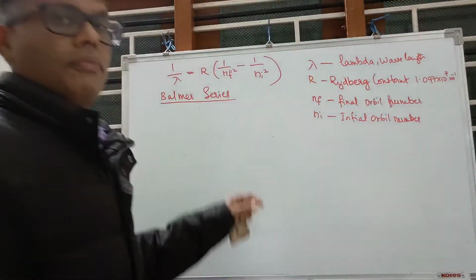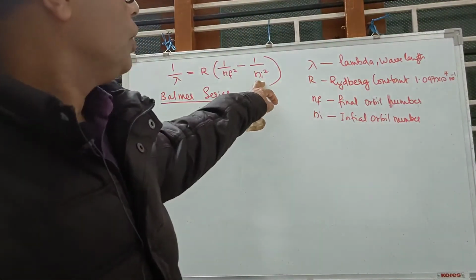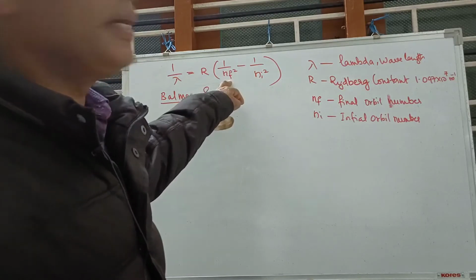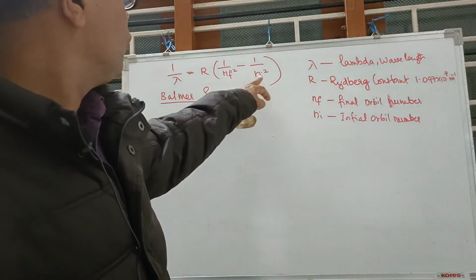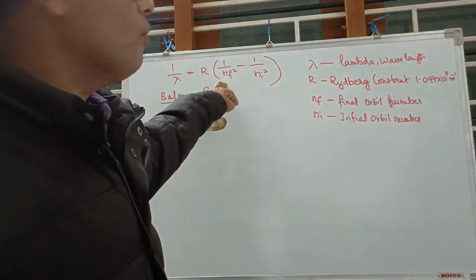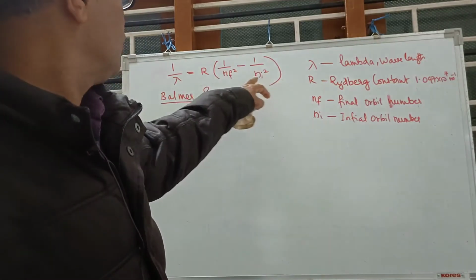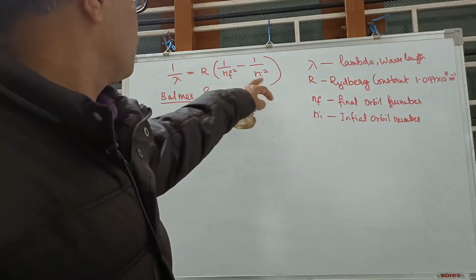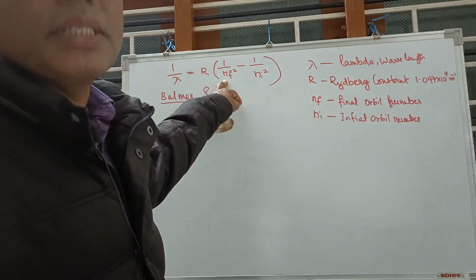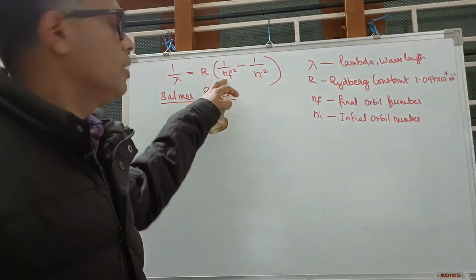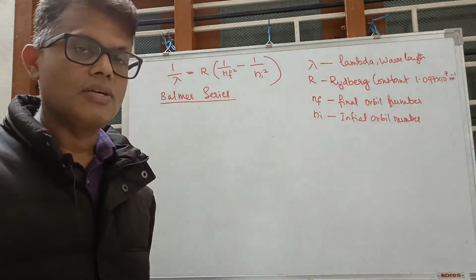See, if an electron is jumping from second to first orbit, so this one will be 2, this one will be 1. If an electron is jumping from third to second, this one will be third, this one will be second. That way this one is the initial, this one is the final. You can learn like that only.